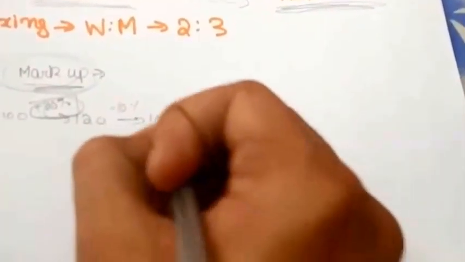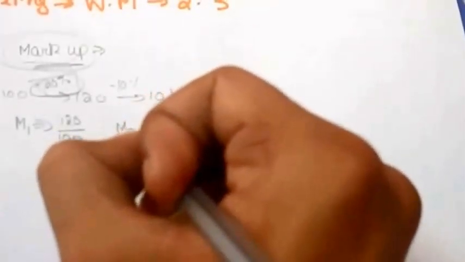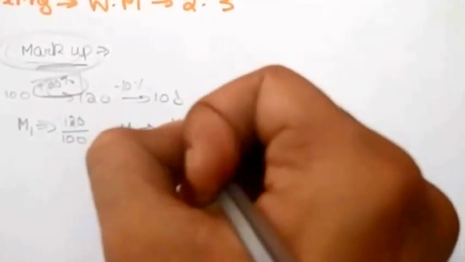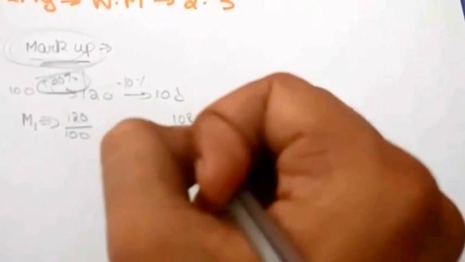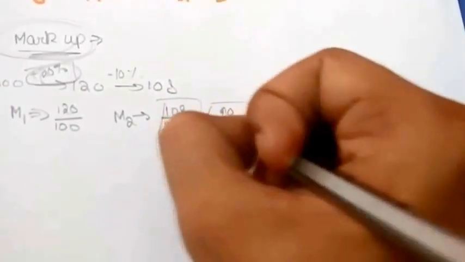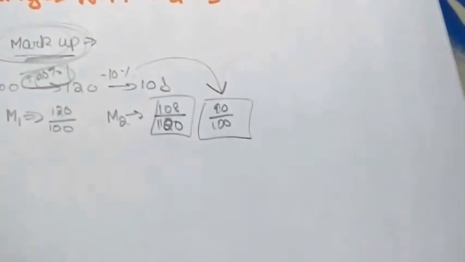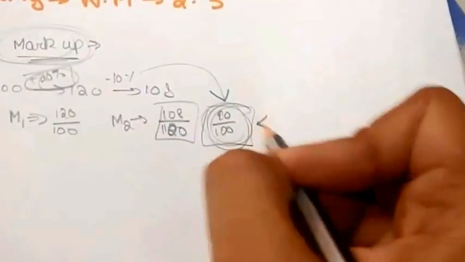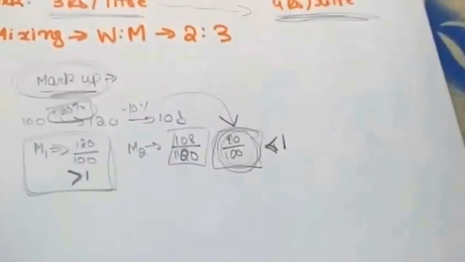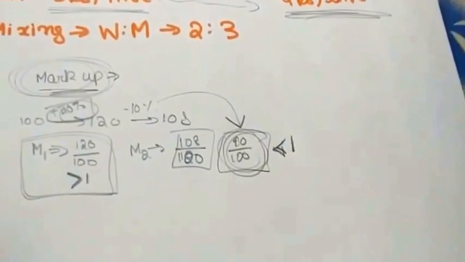If we had this situation, the markup multiplier was 120 by 100, and the multiplier for discount was, say, 90 by 100, right? So this was less than 1 and this was greater than 1, because this multiplier is actually increasing the price.